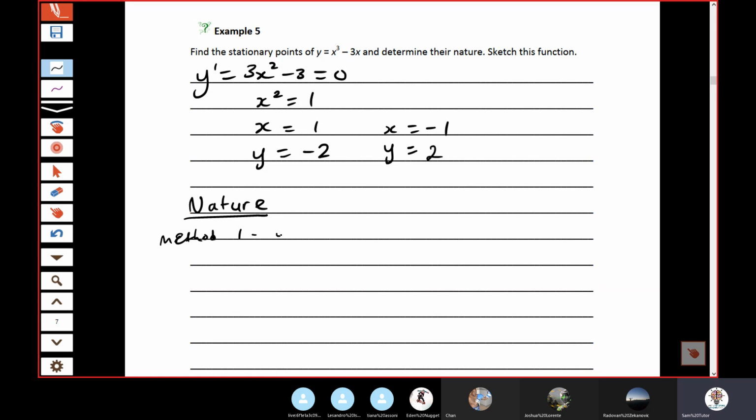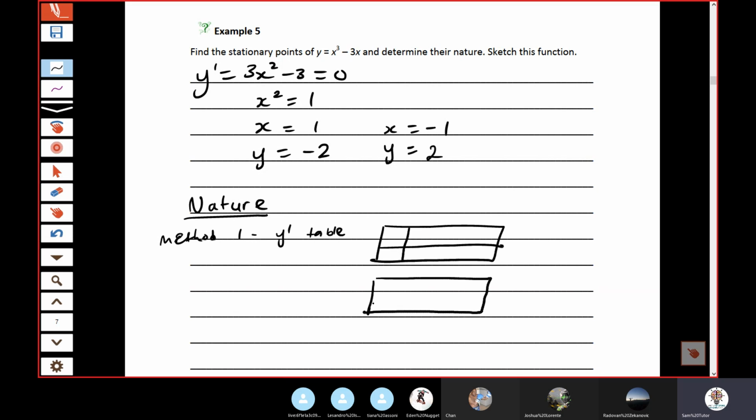Method 1. Y dash table. All that means is you will have negative 1 and 2, and 1 and negative 2.